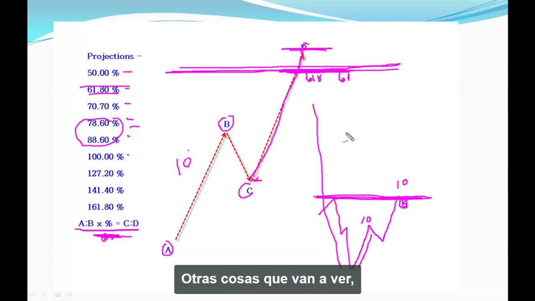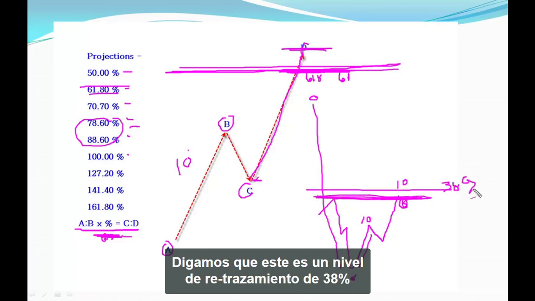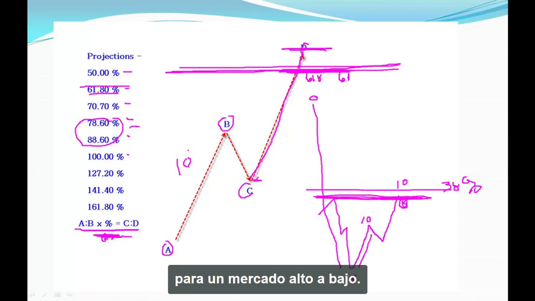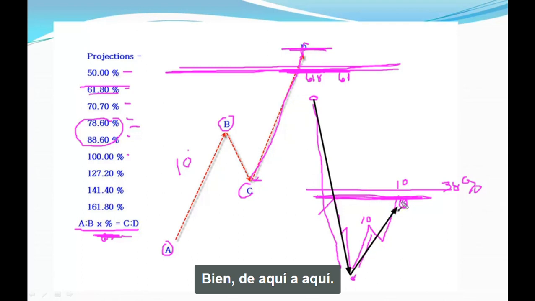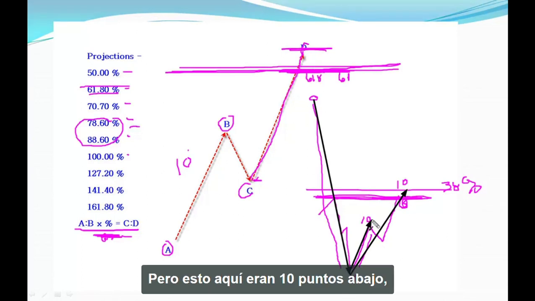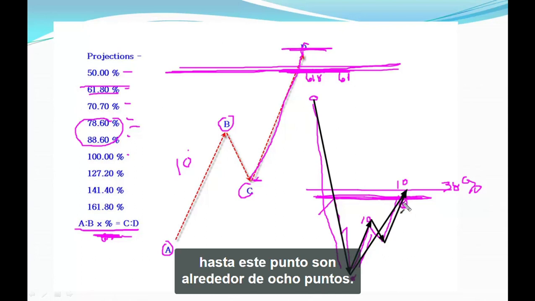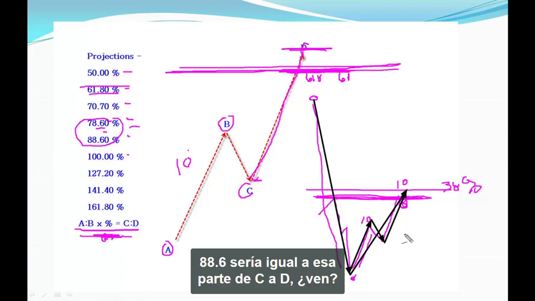Other things you're going to look at would be the high, the low, and then your retracement levels. Let's say this is a 38% retracement level from market high to low. From here to here, let's just say it's a 38% retracement, but this was 10 points, down up to this point is around 8 points. So again, you're still looking at that A to B times 786, 886 would equal that C to D leg.